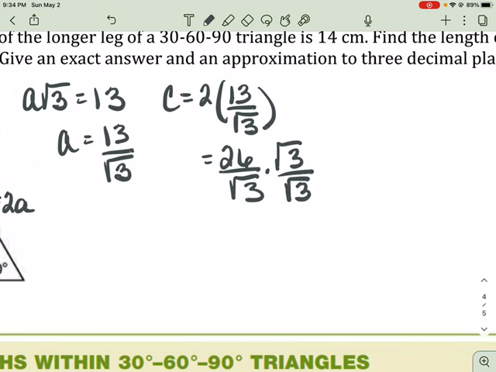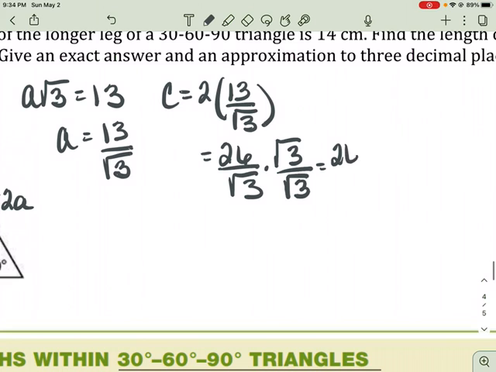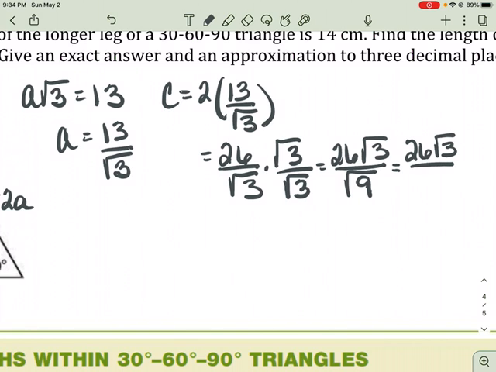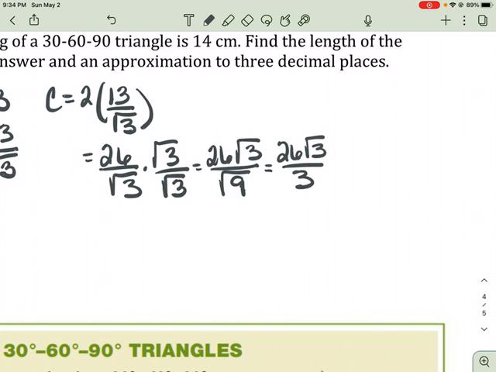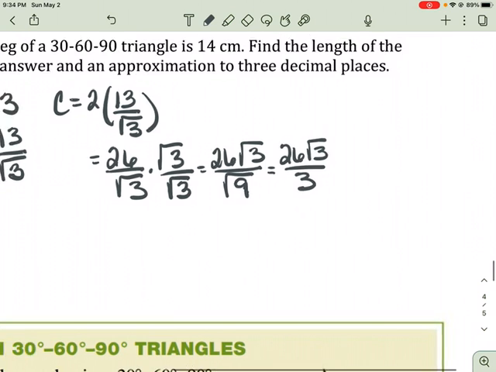We're going to multiply straight across. So 26 square roots of 3 all over square root of 9, which is 26 square roots of 3 over 3. And I would love to take 26 and divide it by 3, but it doesn't work. So our C is 26 square roots of 3 over 3, or, did I do my math?